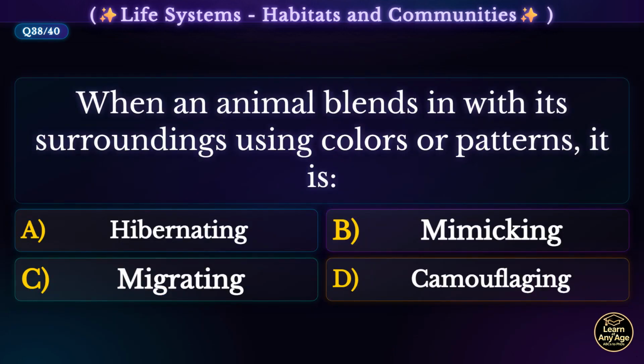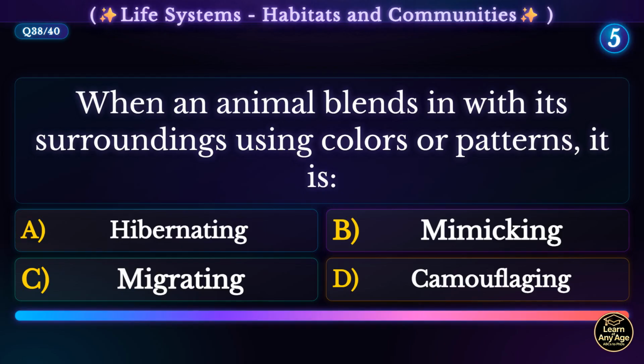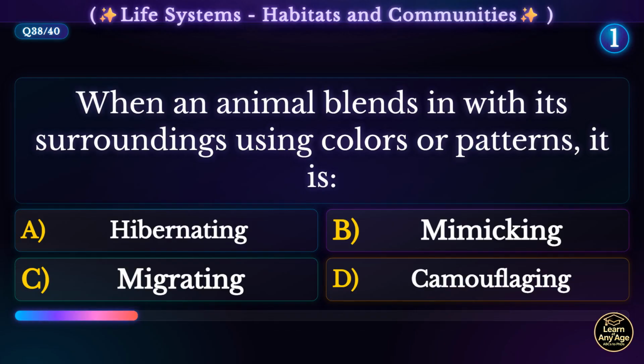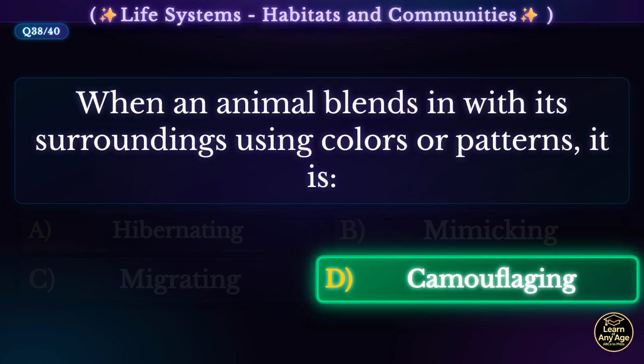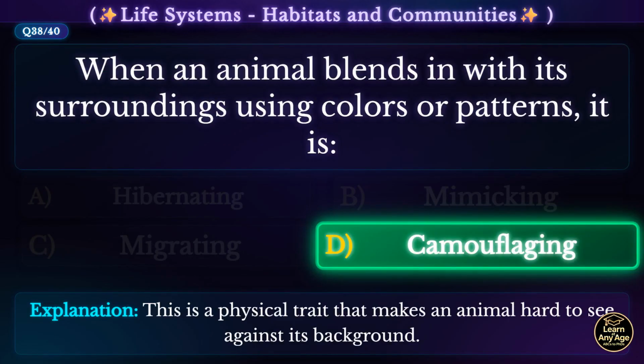When an animal blends in with its surroundings using colors or patterns, it is hibernating, mimicking, migrating, camouflaging. Camouflaging. This is a physical trait that makes an animal hard to see against its background.